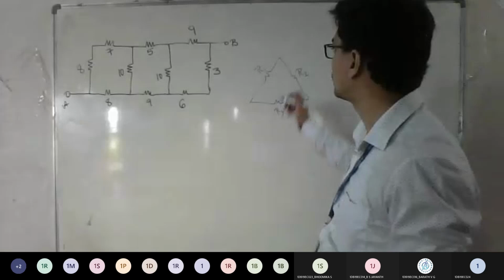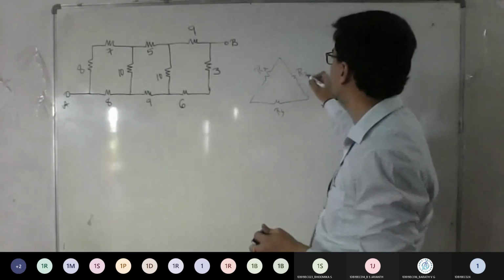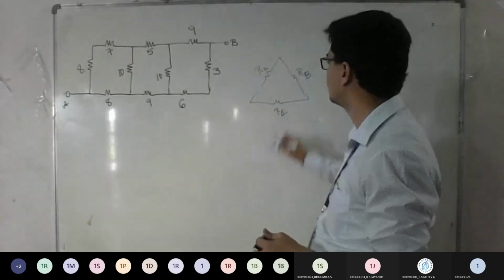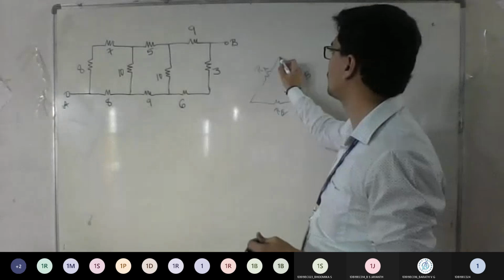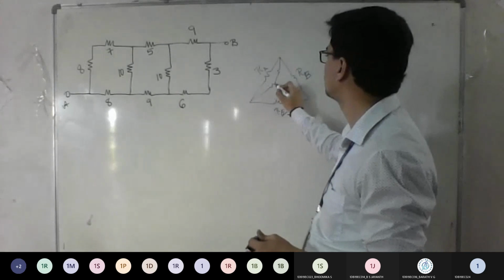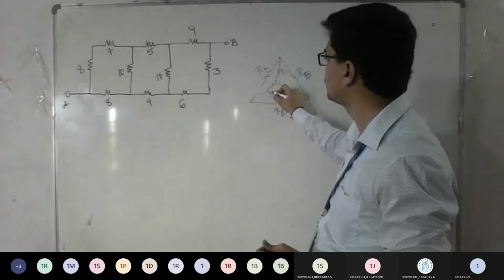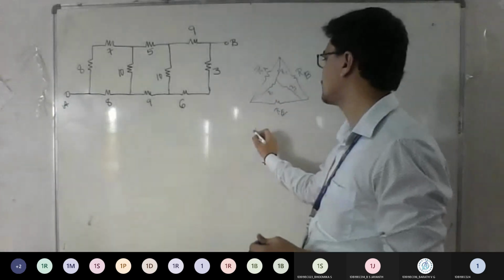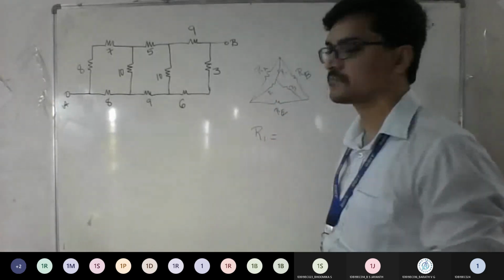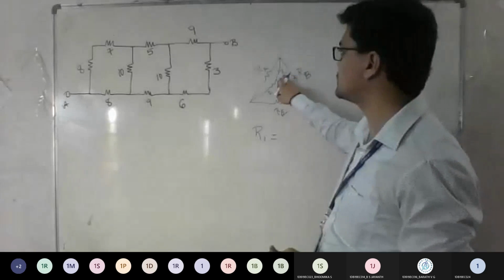RC. Okay. So RA, RB, RC. So if this is the thing, then how to find the star we told? So we need to find the inside part, R1, R2, R3. What is the formula here? How to find this inside resistor?